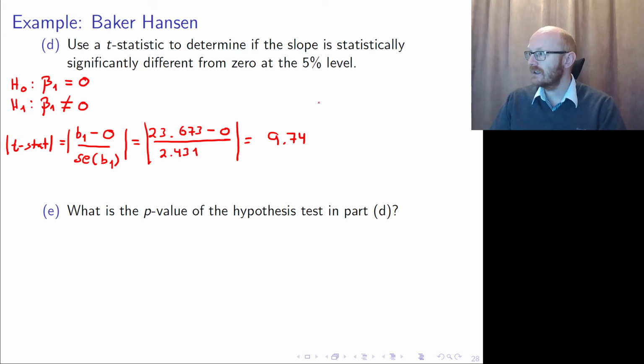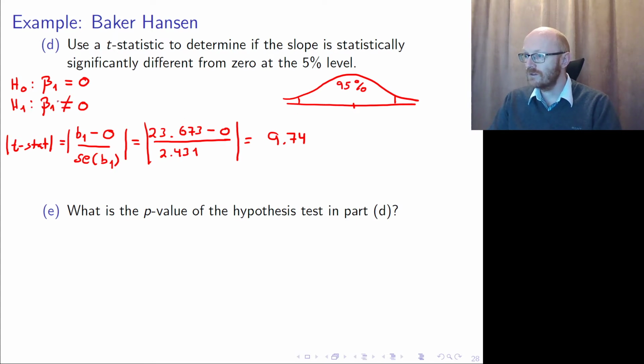Okay, which is that, let's see, if we make the hypothesis here, we would like to find the 95% confidence interval to test whether or not our B1 is different from 0, and that would give us, let's see, 2.5% in each tail.